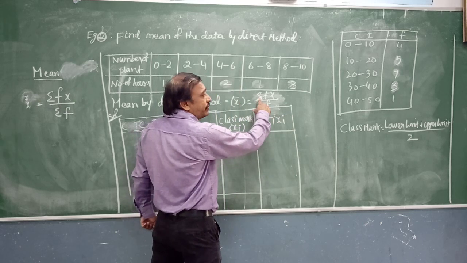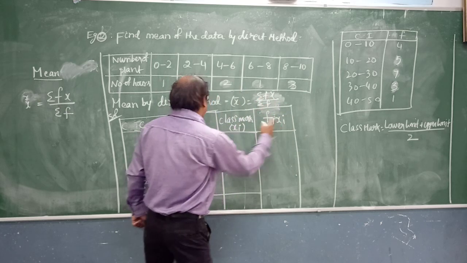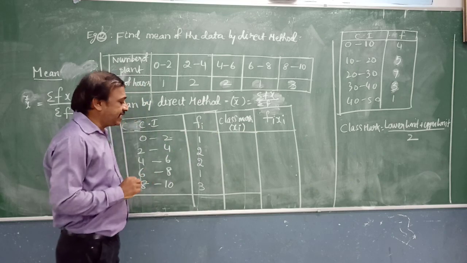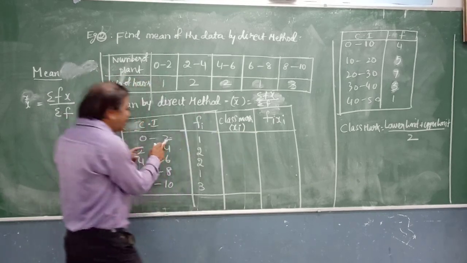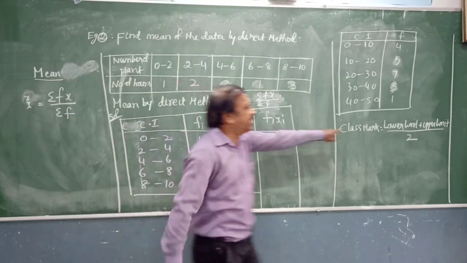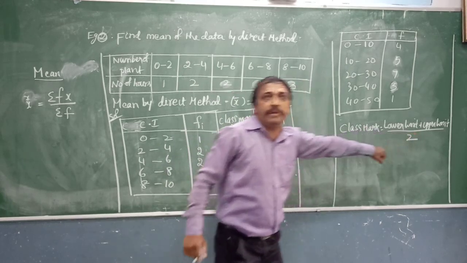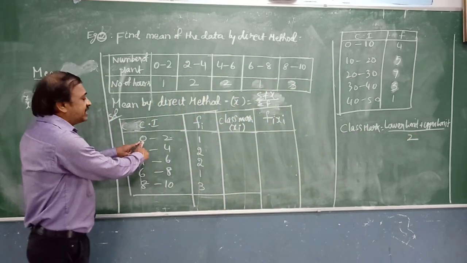In the formula we wrote fx, here I wrote fi xi. Fi means frequencies. Class mark is lower limit plus upper limit by 2.